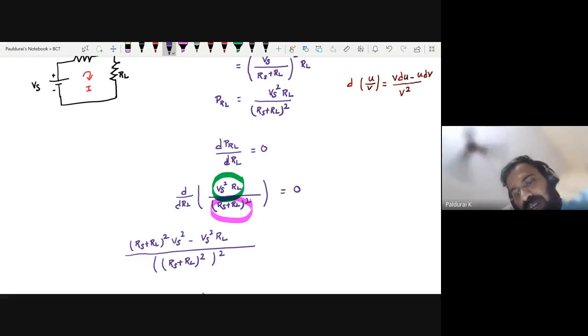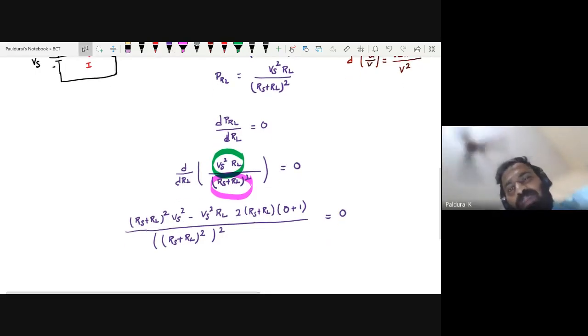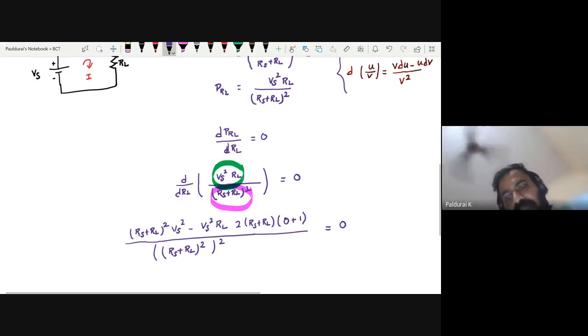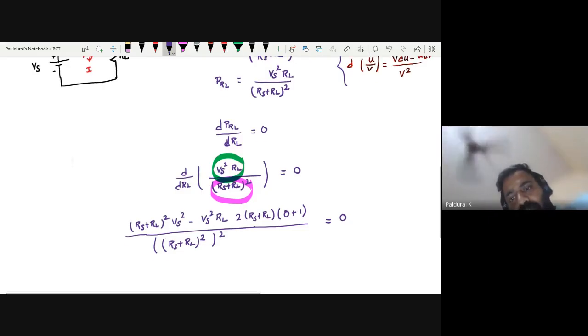That gives 2 times (Rs plus RL) into, where Rs is constant, the differentiation of RL with respect to RL, which is 1. This equals 0. Any doubt? Simple mathematics. You might have come across this formula n number of times, so I simply applied it. Any doubt?